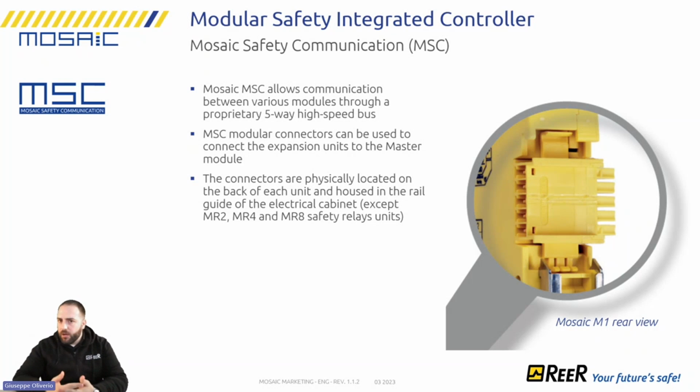Mainly it is a serial connection between the modules. And in this case, you have to add the connector to the main unit, because the main unit can also work as a standalone, so it doesn't need the connector. But if you add the expansion, you will find it inside the box, then you have to add one more MSC connector.